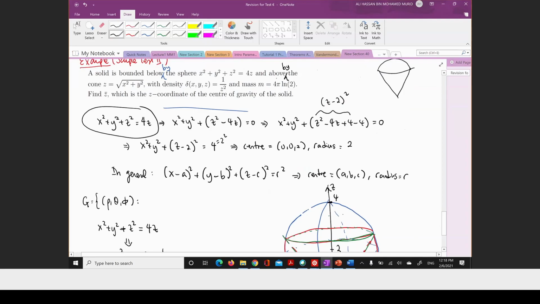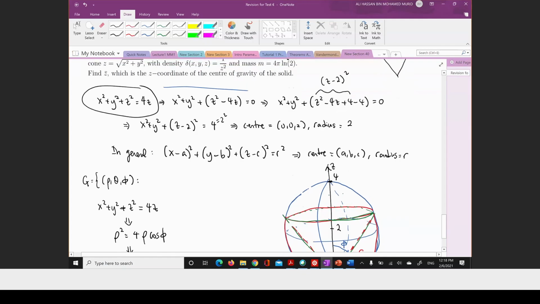Oh, so it's an ice cream cone. Yeah, very confusing. A solid is bounded below the sphere. No, it is bounded below the sphere, and above the cone.